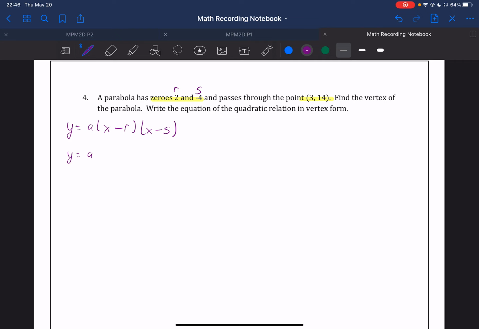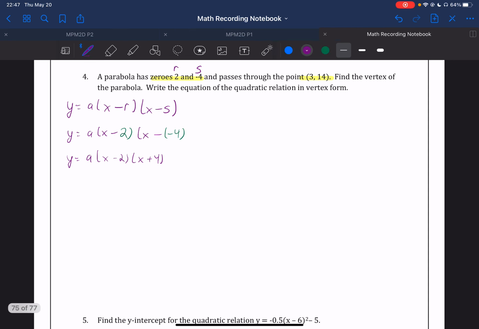So we have y equals a(x minus 2)(x minus -4). Next line, we're going to bring that all together. So we got y equals a(x minus 2)(x plus 4). Next, we need to find what our a is. So we're going to sub in our point here to find and solve for a.